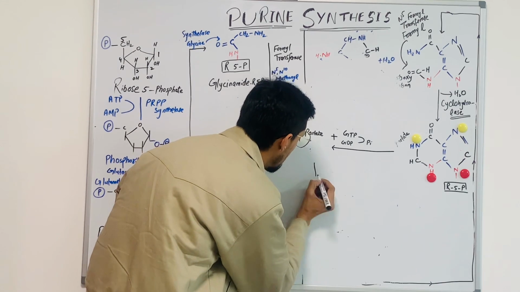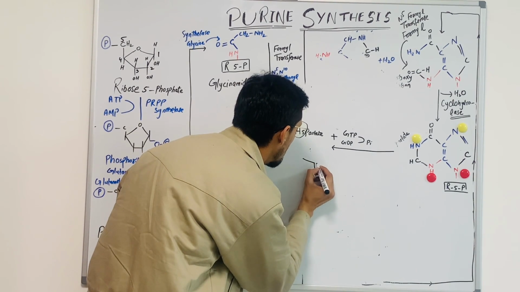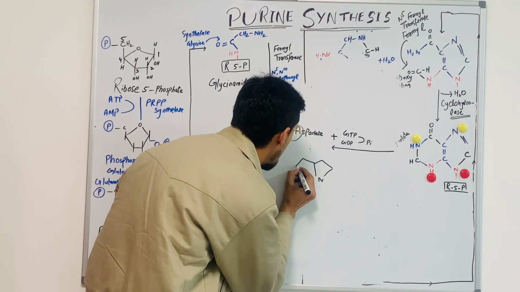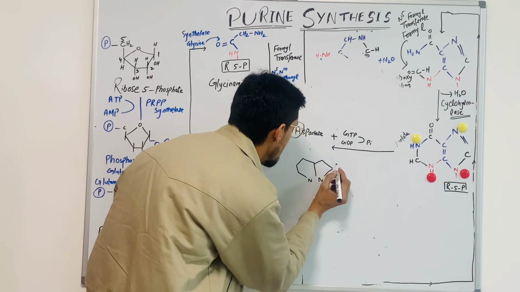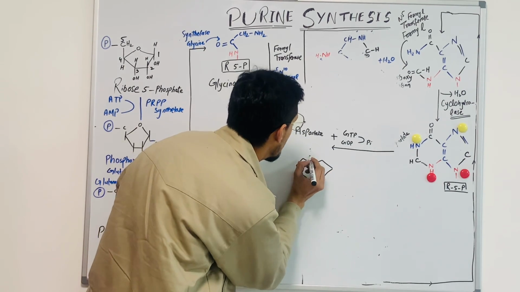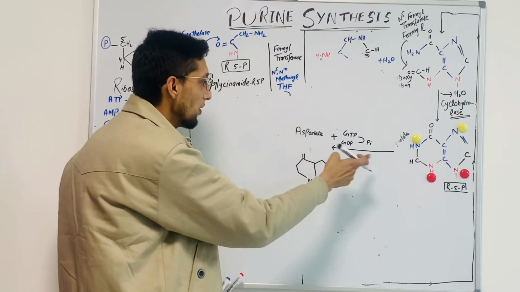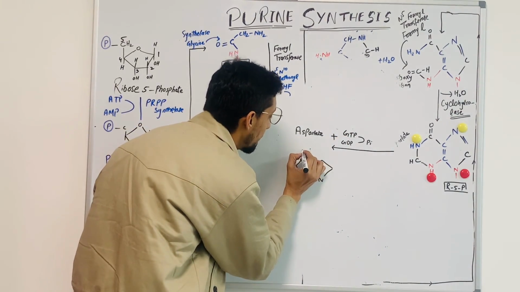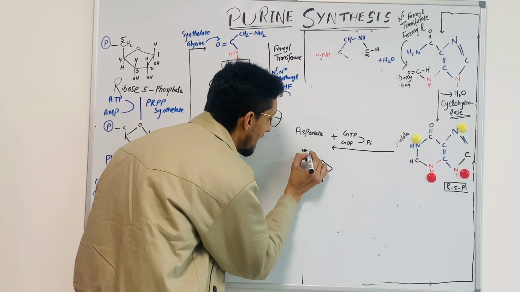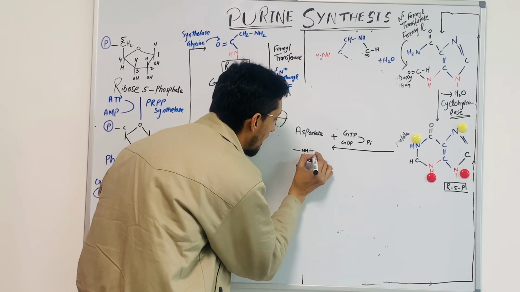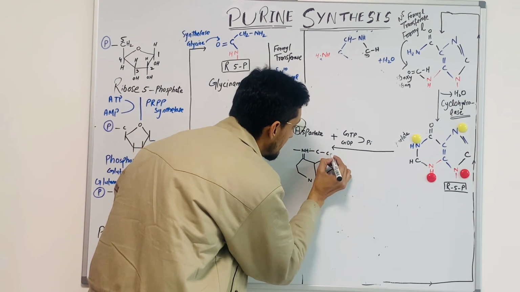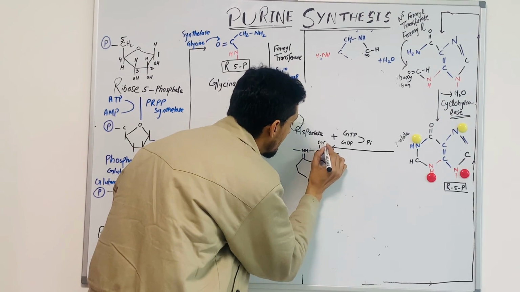Now I'm going to make a structure this way. Here's a nitrogen and here is another nitrogen and there is a double bond O. But now in the presence of GTP and GDP, O will be removed and here the whole portion of succinate will attach in a way that an amine portion NH, to the other end is C alpha carbon and C double bond O negative, C double bond O negative.